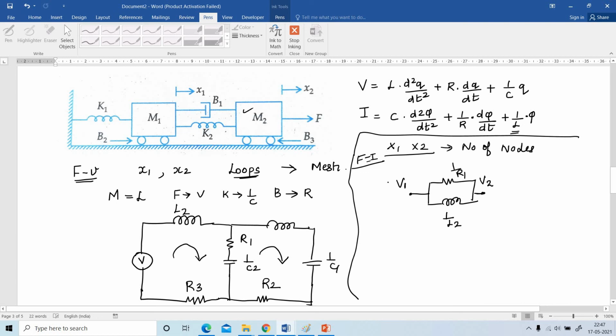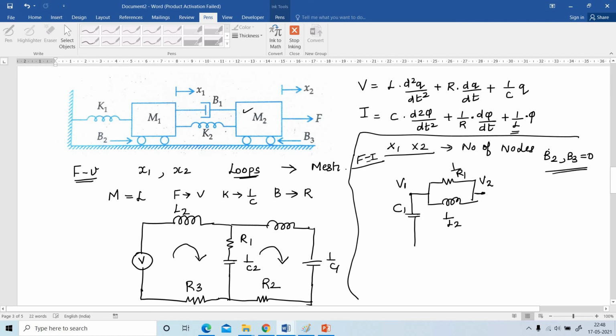Okay, then M1, 1 by L1 is connected. Again, 1 by C1 is connected. M1 is connected. M1 means C1. And here have to consider B2, B3 equal to 0.